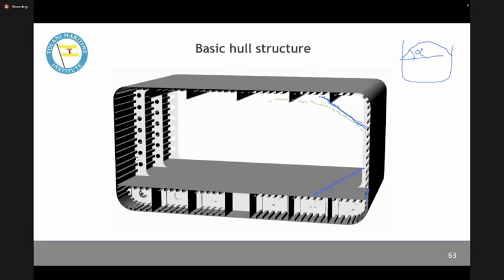Otherwise, if we don't have that sloping plate, when the ship moves in the ocean, it will have motions, and because of the motions, the cargo may get shifted to that particular corner and our ship will start listing. Is it clear now?